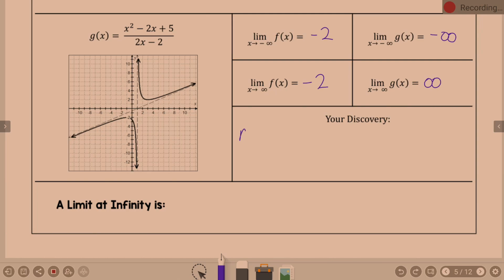So we can say that as x approaches plus or minus infinity, the limit will approach a y value or will be unbounded.